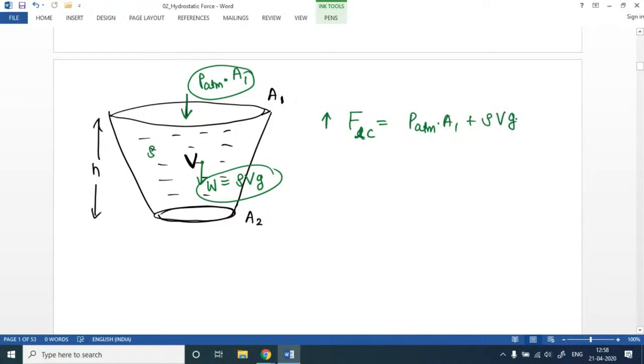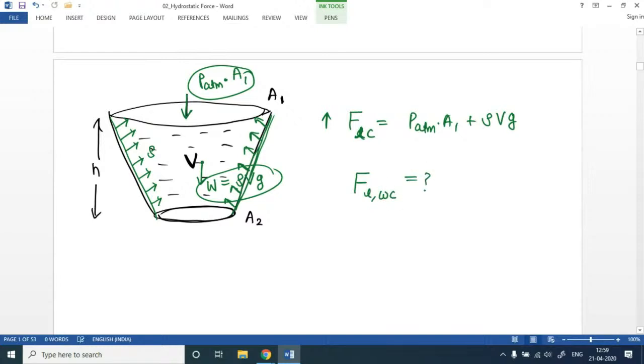Now let's say we are interested in finding out what would be the force exerted by the slant wall of the container on the liquid. You must understand that the force exerted by the slant wall on the liquid will be having such a direction, and you must realize its horizontal component from all around will cancel each other, so only the vertical component will be left. So I am interested in force exerted on the liquid due to wall of container.